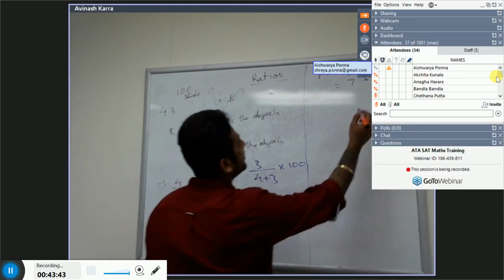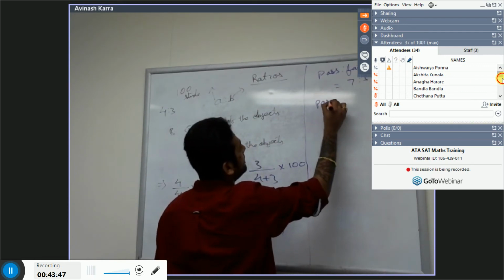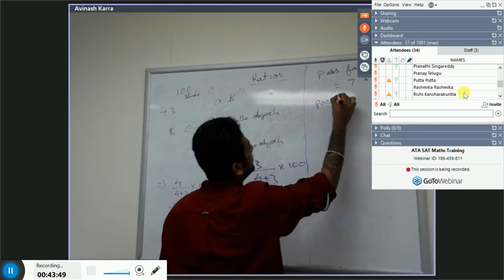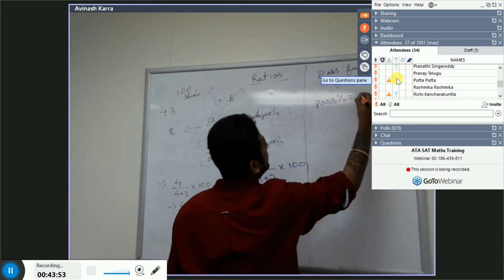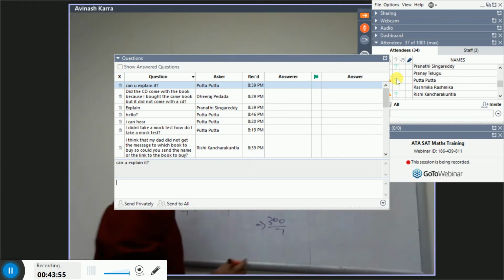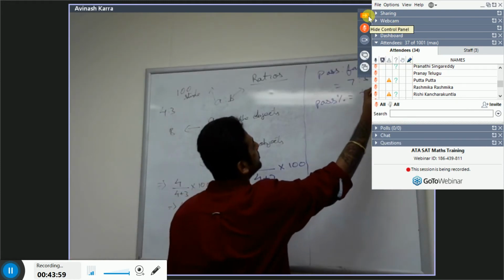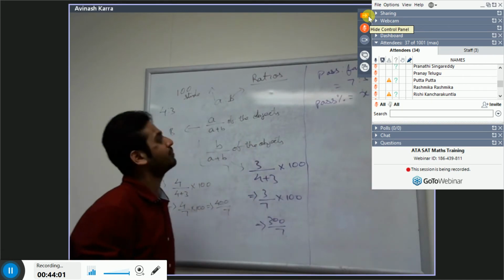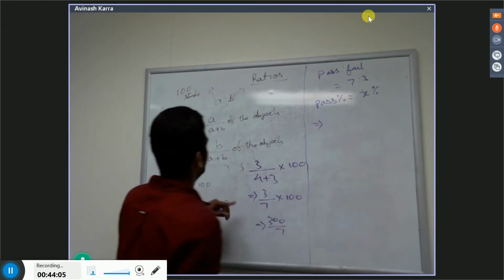First, when you want to know the percentage, the pass percentage is equal to how much? Let us take it as X. Pass percentage is equal to X percentage. Now substitute the same formula.